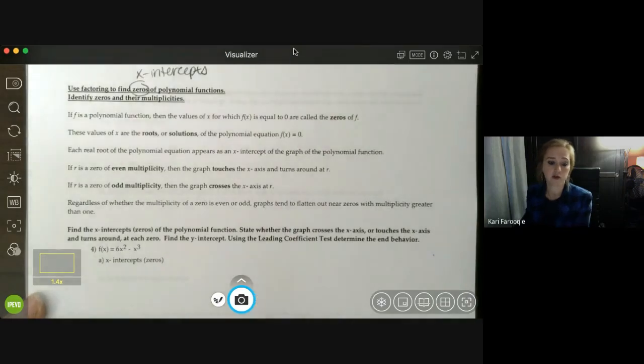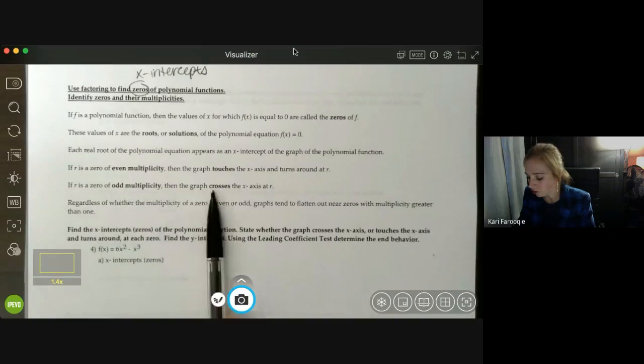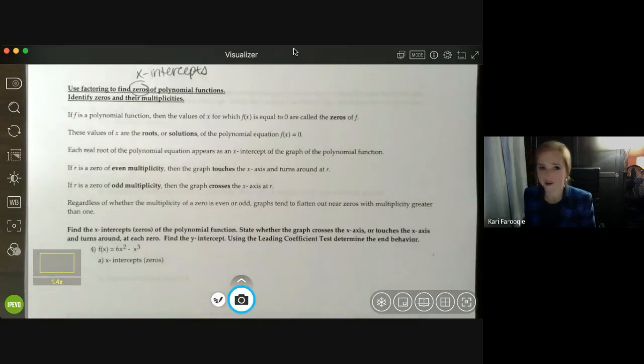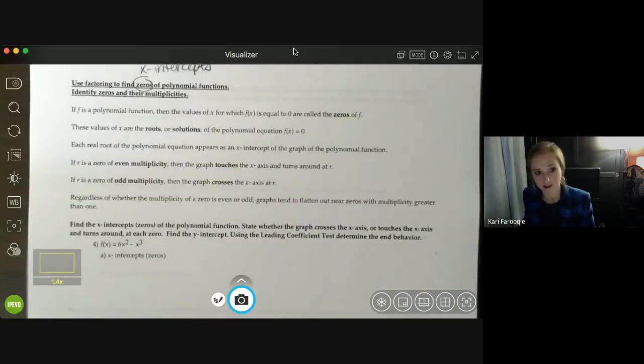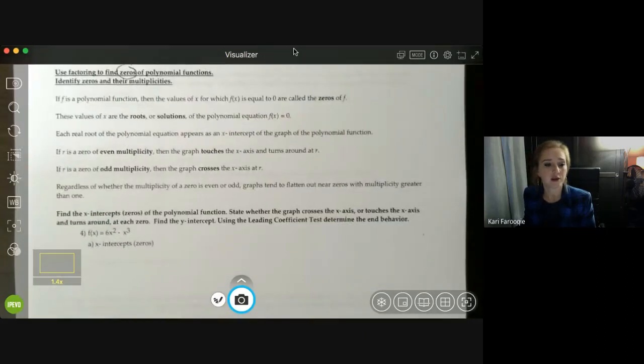So you've got two types of behavior that are going to be occurring from these x-intercepts that you're going to be finding, that you're going to solve by factoring. Odd multiplicity means it crosses. Even multiplicity means that it touches. If you have no idea what multiplicity is, you are not alone. I'm going to explain it when we get to this example. Regardless of whether the multiplicity of a zero is even or odd, graphs tend to flatten out near zeros with multiplicity greater than 1.